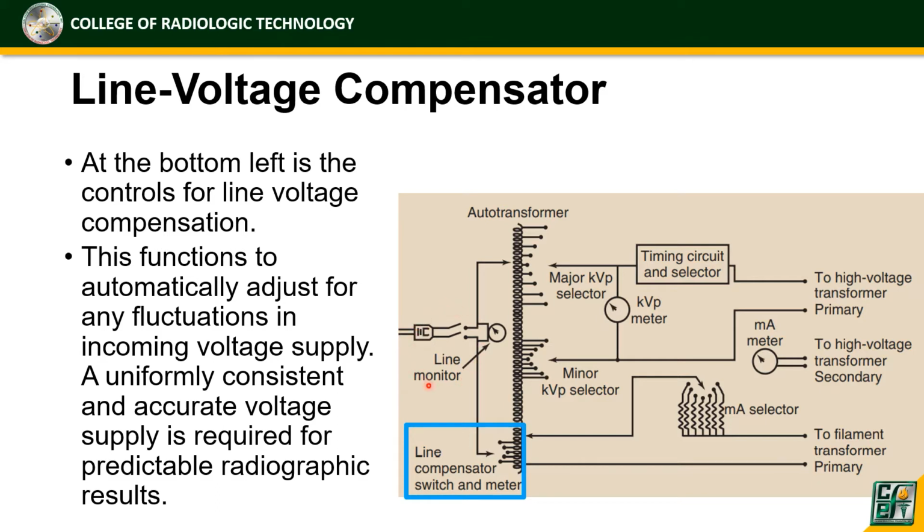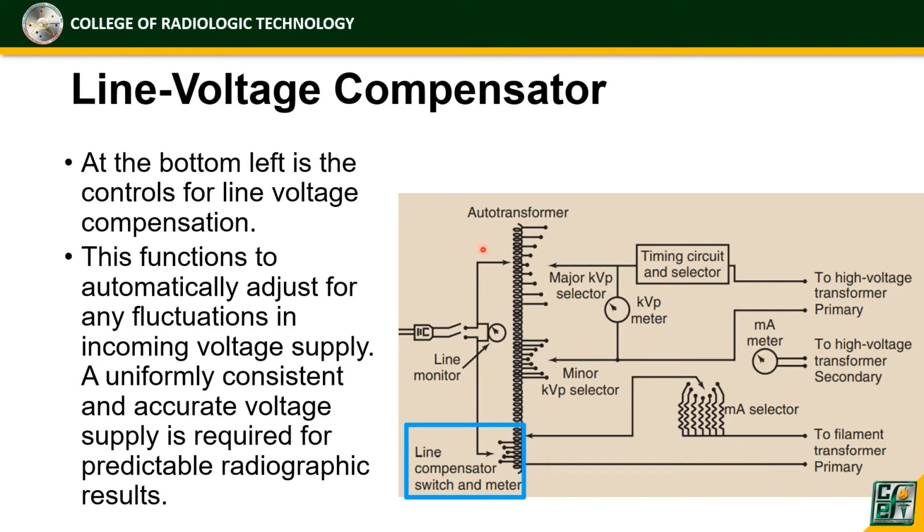Therefore, sa mga lumang X-ray machine, kailangan lagi nating titingnan yung line compensator meter. Kailangan lagi siyang nasa 220 at kapag wala siya sa 220, kailangan i-adjust natin yung line compensator pabalik sa 220.